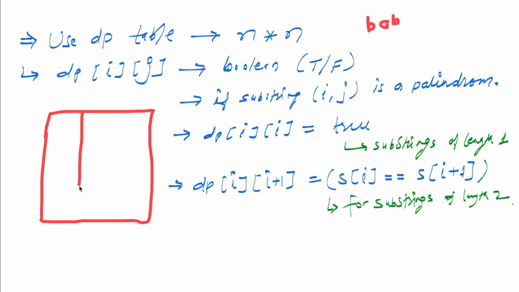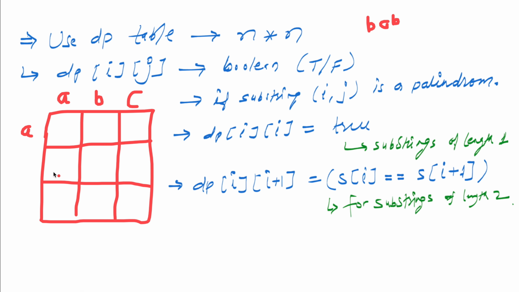We'll say this is A, this is B, this is C. Similarly, for I and J, we'll take A, B and then C, correct?